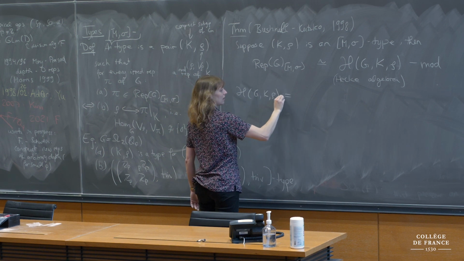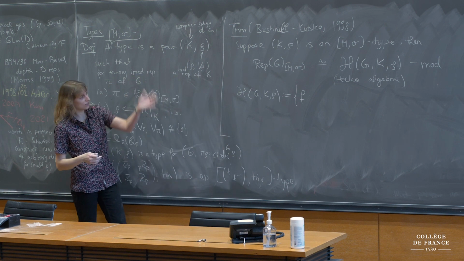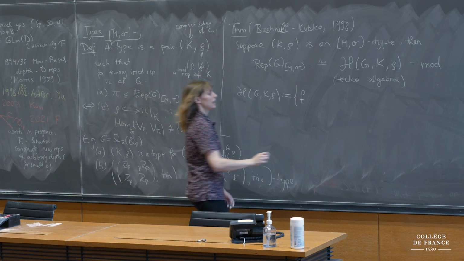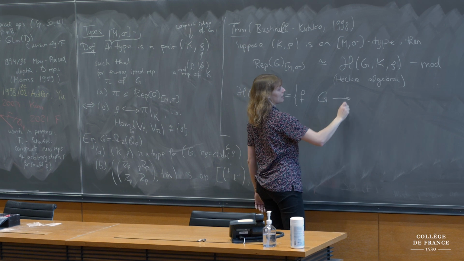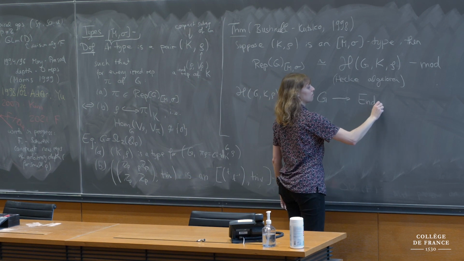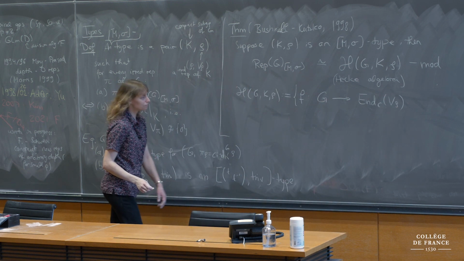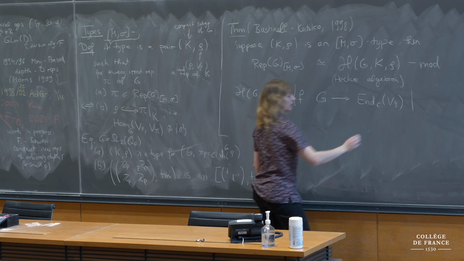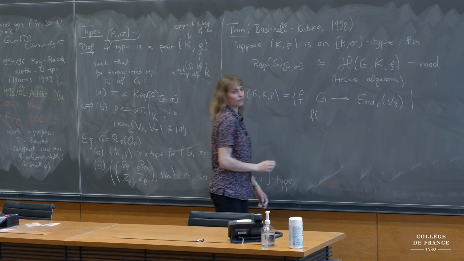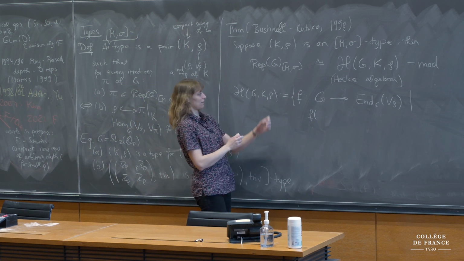And what is this? It's something very explicit. These are just functions. And now we call the compact induction that I just erased, it's very similar to this. It's functions from the group, but not to the space of rho, but to the space of endomorphisms of this complex vector space of rho. And now the property is that this function transforms not just on the left, but on the left and the right via this representation rho.